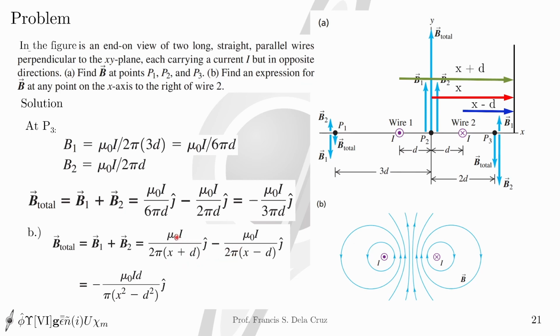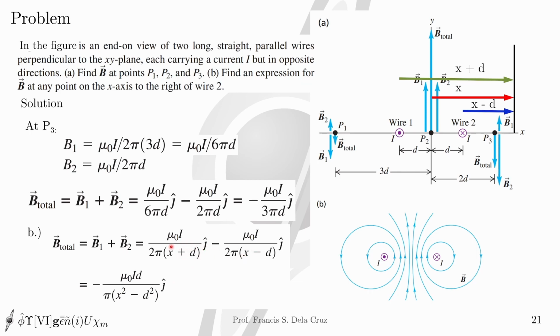Then you will only have 2 mu naught I over mu naught I x. And then at the bottom, you will multiply these two terms, and you will have this answer: x squared minus d squared.